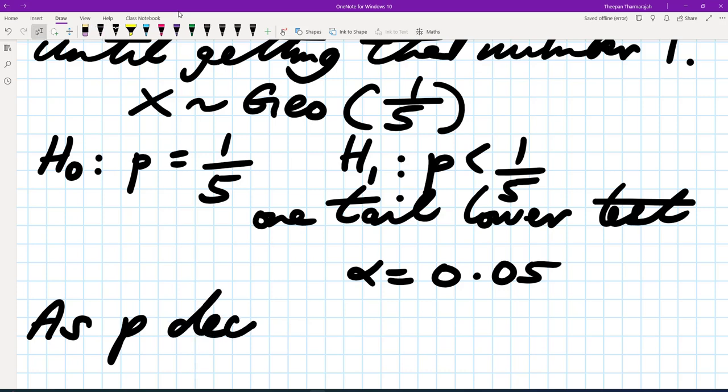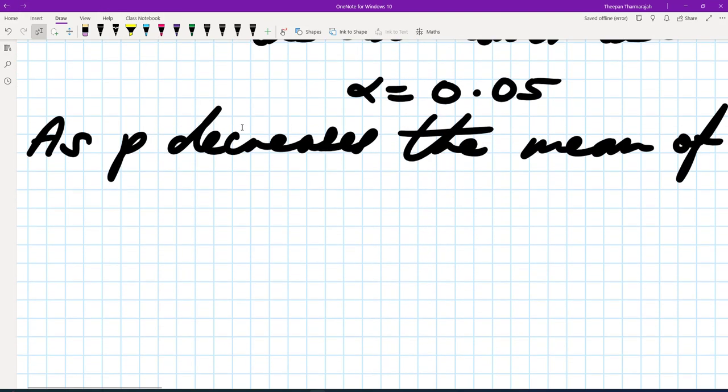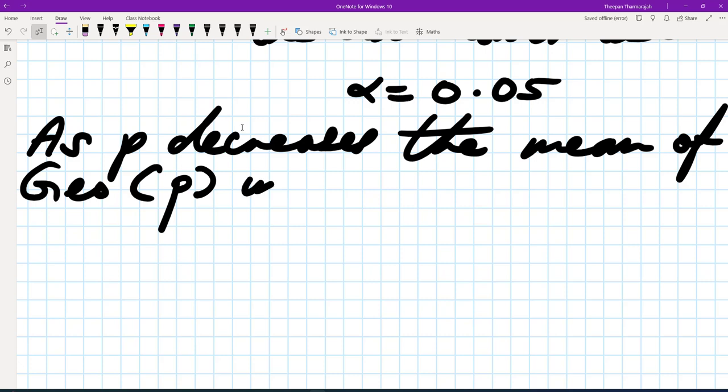If P decreases, the mean of the geometric distribution increases.